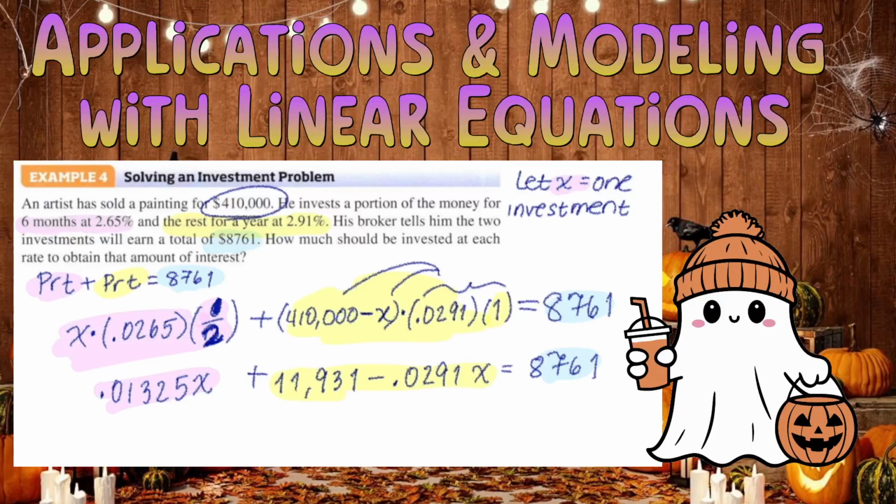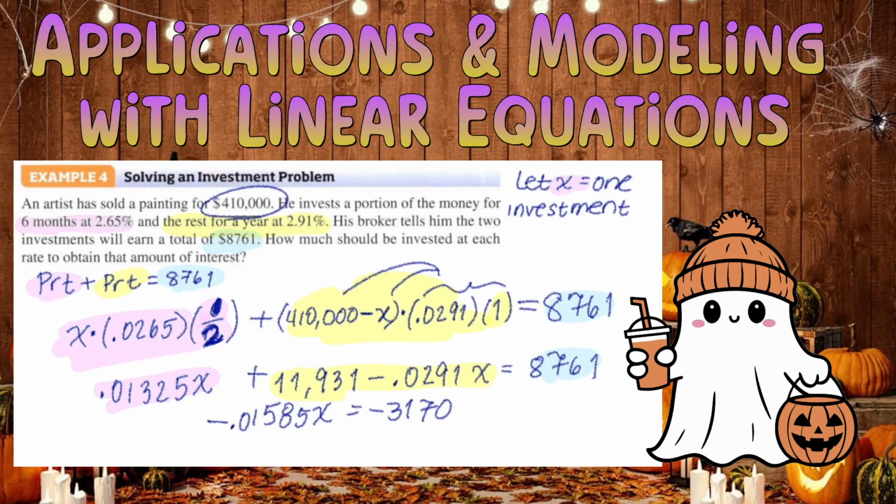All right. And really, I don't think you need me much after this part. I think most of you can handle doing this on your own. So if I combine my like terms, with the terms with x on the left, I will get negative 0.01585x equals, let's subtract that 11,931, negative 3,170.